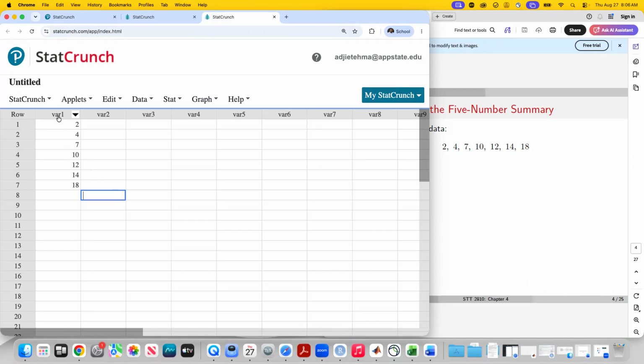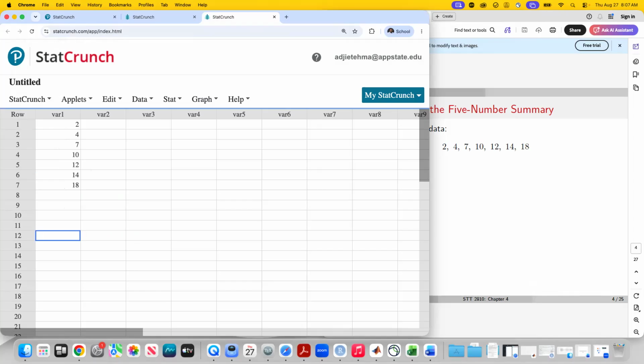Remember how I put in the data in column form. If a student enters 2, 4, 7 in a row form, it's going to be very difficult to use StatCrunch to do the work. So make sure you input your data in column form.